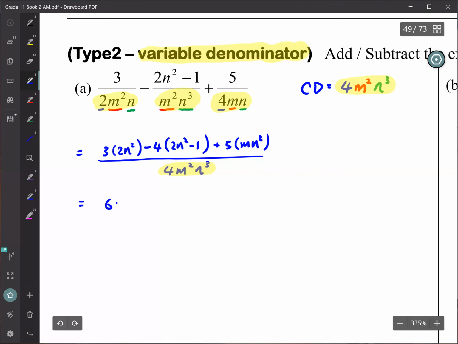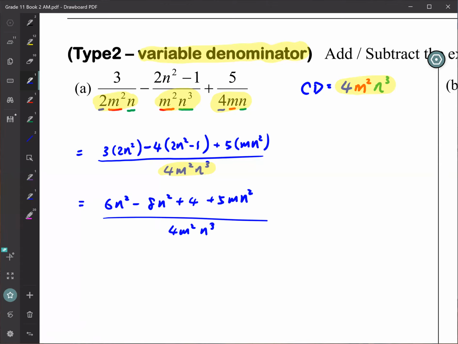So you get 6n squared minus 8n squared plus, watch out, this turns to plus 5n squared, because there's no expansion for the third one, over 4m squared n cubed.